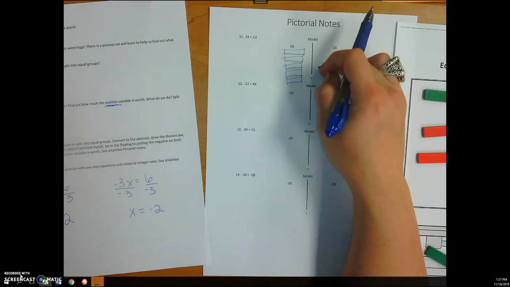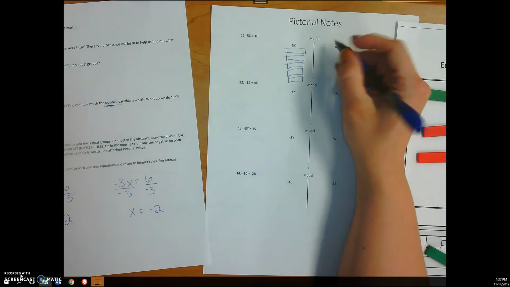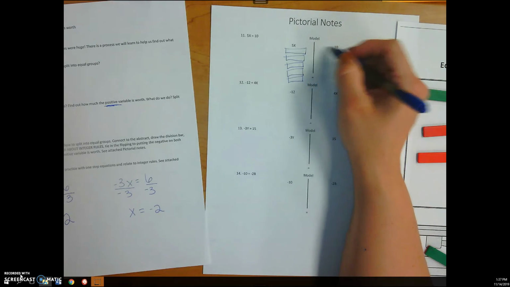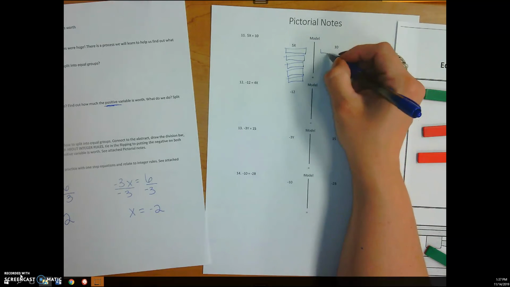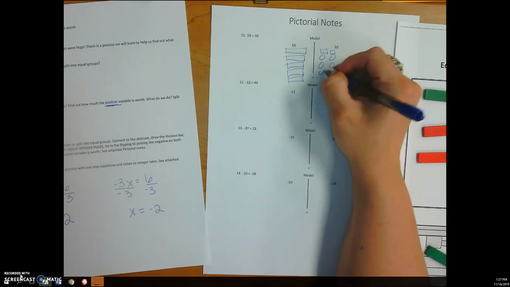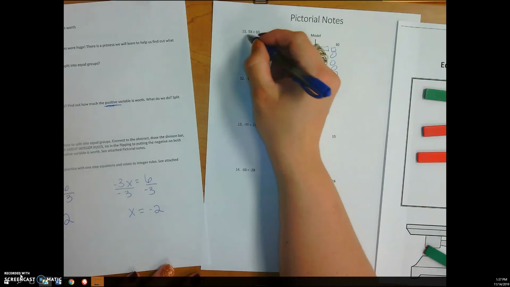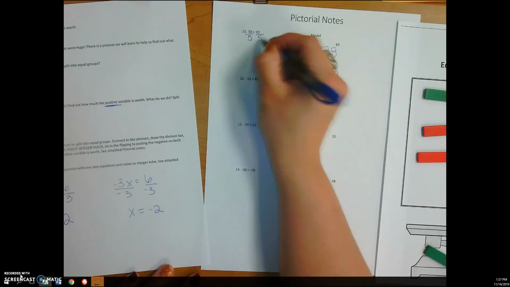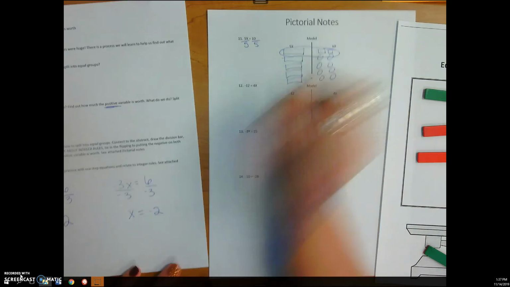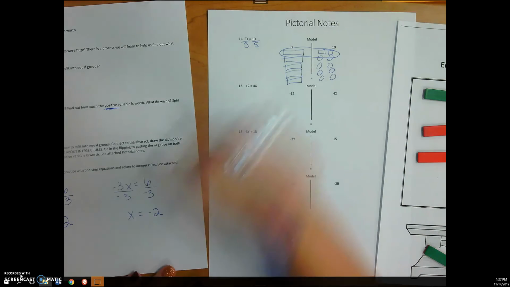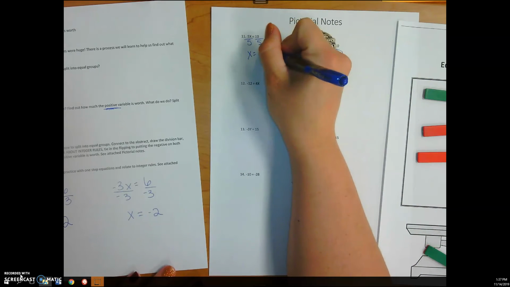And I know there is another set on the P drive that can help you. Then we break 10 up into 5 groups. I'm sorry, I'll do circles a lot faster. So we've broken this up into 5 groups and this up into 5 groups, and then we circle our one group. So x is worth 2.